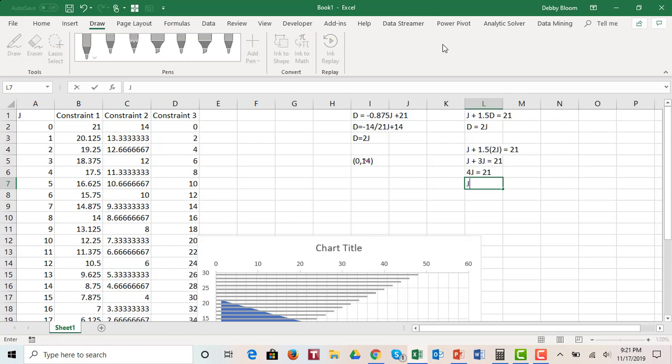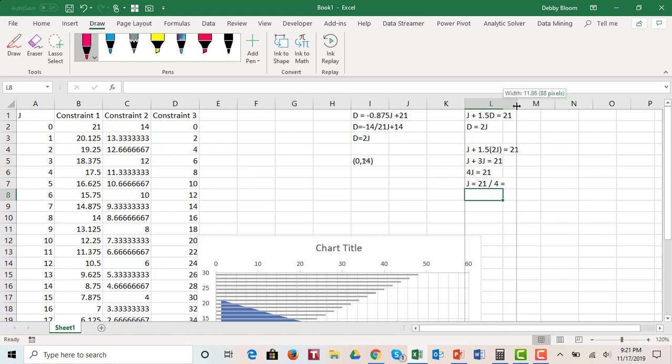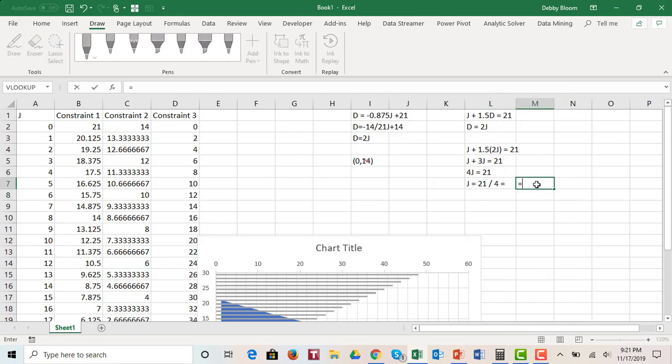So j is going to equal 21 divided by 4, and to calculate that out for you, 21 divided by 4 is going to give us 5.25.